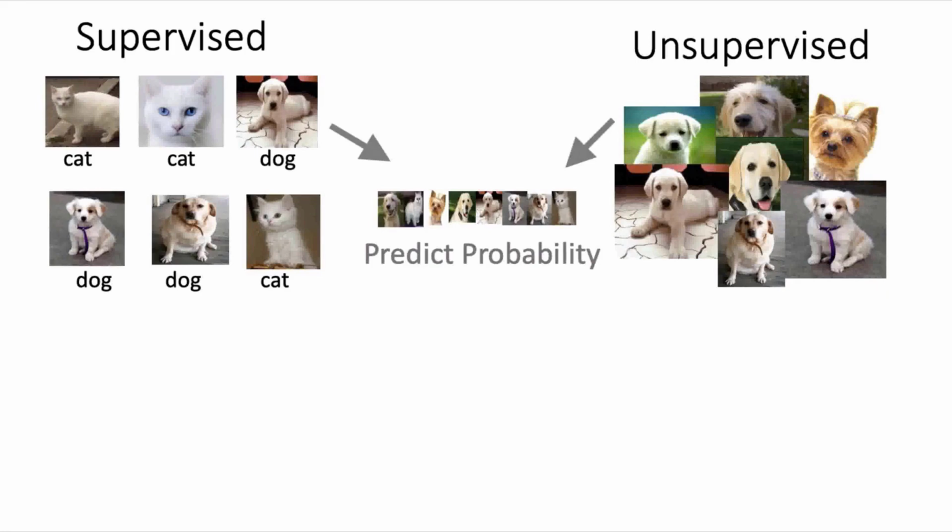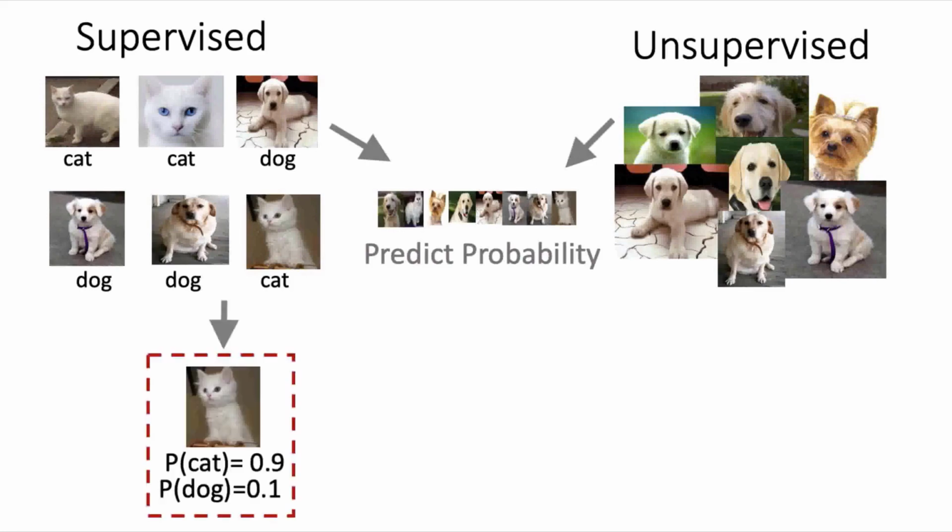The supervised learning model was trained on labeled images of dogs versus cats, and it knew the category had to be either a cat or a dog. So if it was likely to be a dog, then it's unlikely to be a cat, and vice versa. So because the supervised learning model was also learning to categorize cats correctly, it would probably be pretty accurate in classifying a cat image like this one. It would say that it's very likely to be a cat, and this is equal to saying it has a very low probability of being a dog.